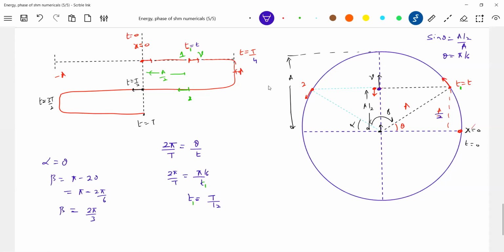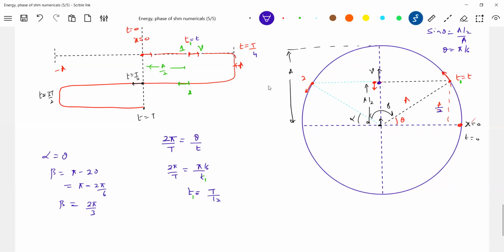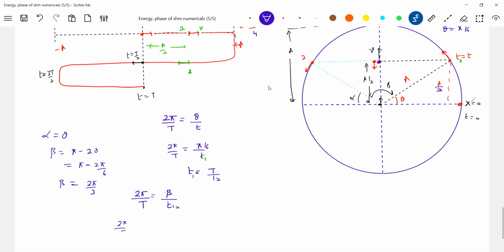How to calculate time? Again, the idea is the same. For an angular displacement of 2 pi radians, that is one oscillation, the time taken is capital T. To move from 1 to 2, the angular displacement is beta, and the time taken is T12. Beta we know is 2 pi by 3. Let me substitute: 2 pi by T is equal to beta by T12, so T12 should be equal to T by 3.